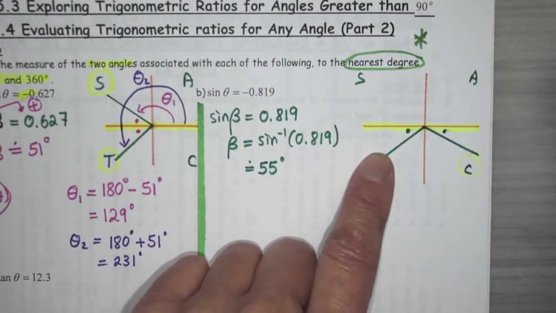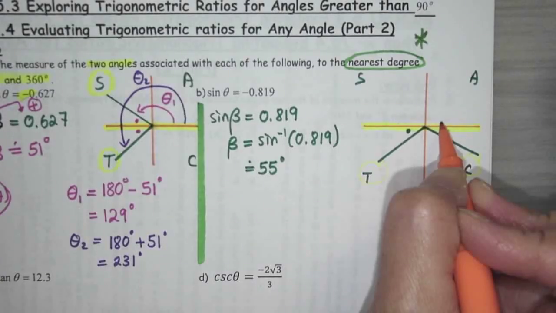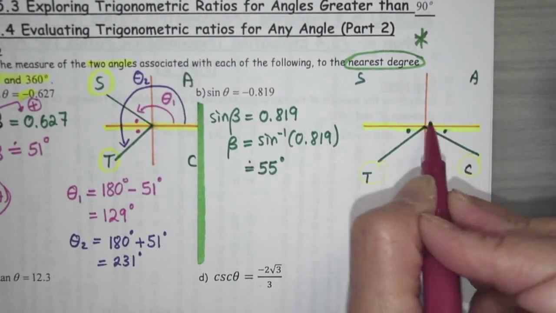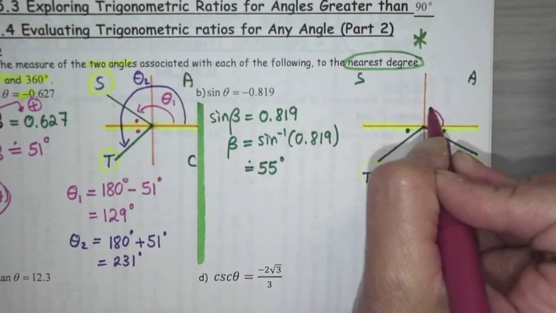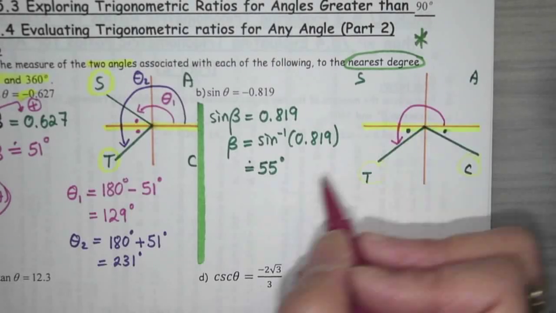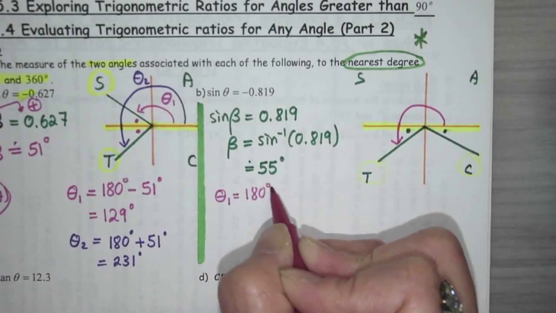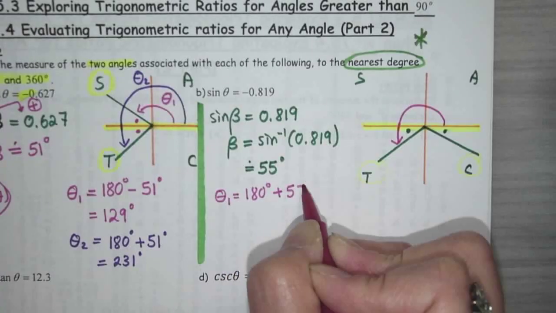So where's your theta? Yeah, and your theta is always from, my first one will be from my starting arm, which is the positive x-axis, heading around here. So we know it's more than 180. That would be my theta 1. So theta 1 would be 180 plus 55. Does that make sense?